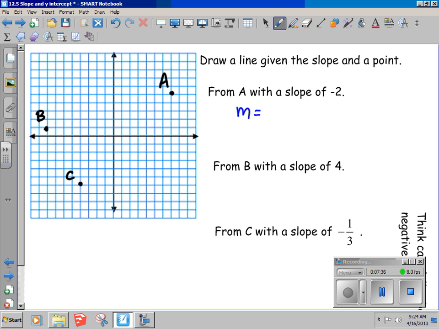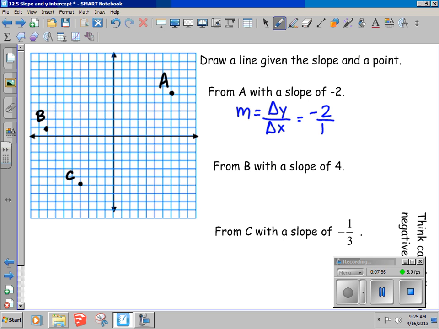Change in y, put your y's on top, over change in x. Good. Now here I've got a slope of -2. Well, that's not a fraction. What am I going to do? Put it over 1.